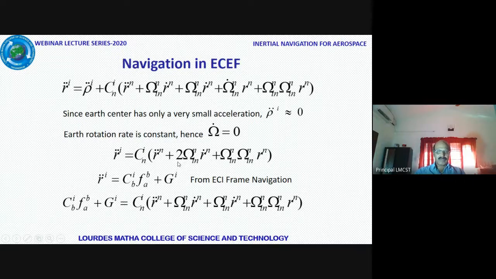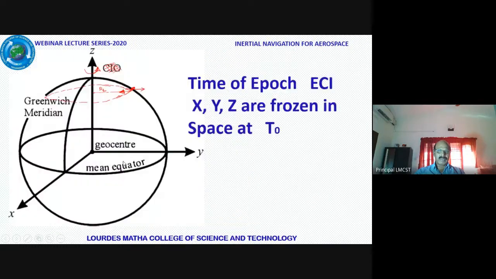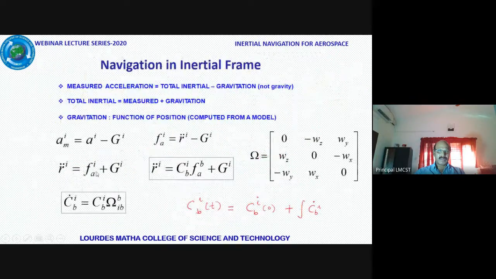Now, in this, this is R double dot I. Just let us go back. We developed this R double dot I. Take this box. R double dot I is CBI, FAB, plus GI. You take this box.